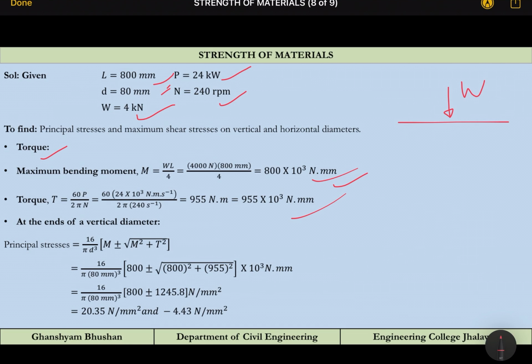At the ends of the vertical diameter, put in the values of M, T and d, which we have calculated just now. The principal stresses come out to be 20.35 and minus 4.43.